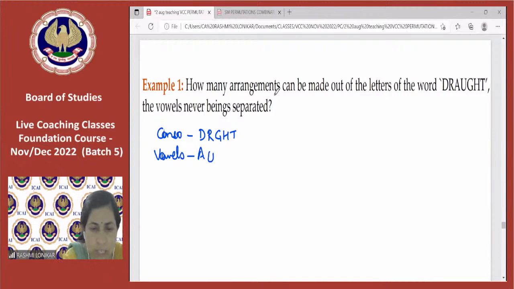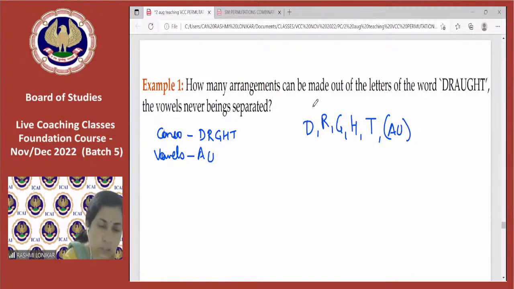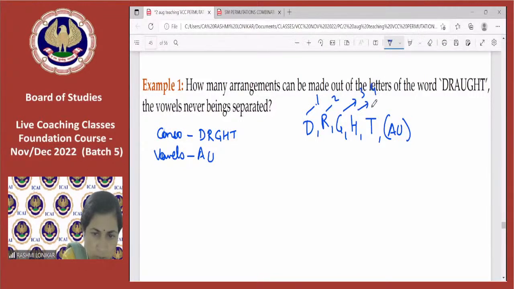How many arrangements can be made out of the letters of the word? I have D, R, G, H, and T, and I will always use the vowels together, A U. So this is 1, 2, 3, 4, 5, and this is considered as 6. So there are 6 letters, and out of these 6, you have to make the arrangement.